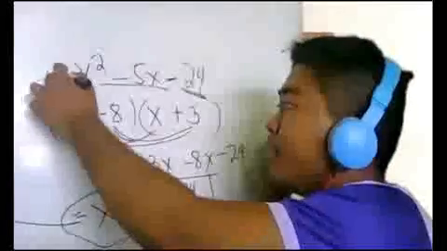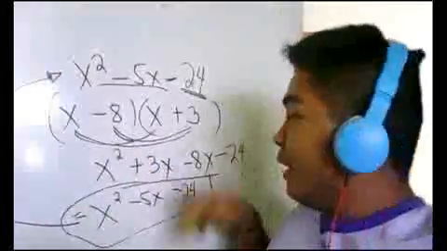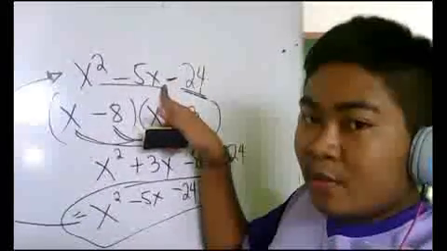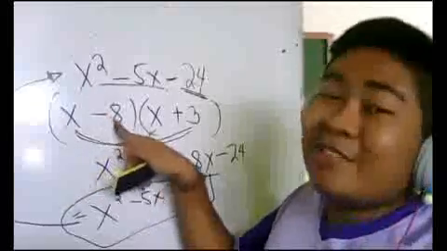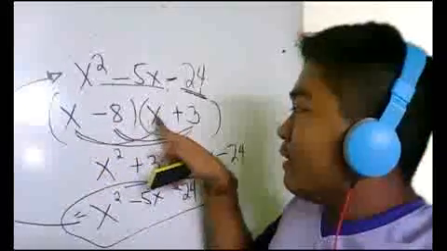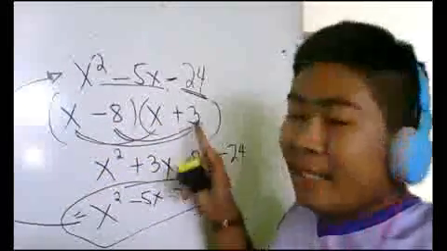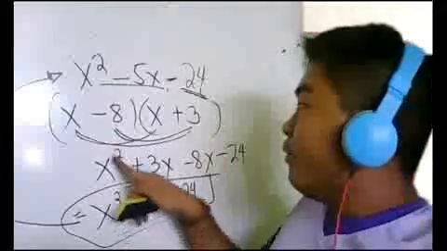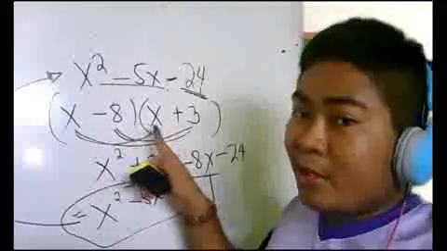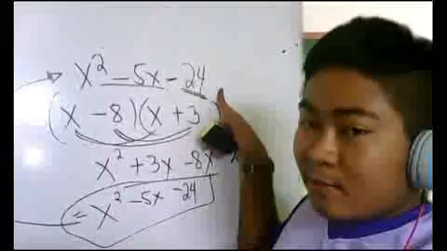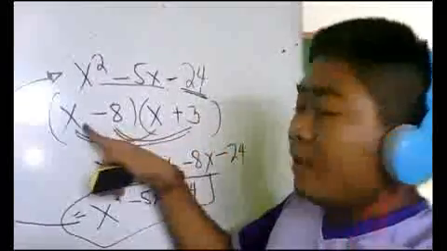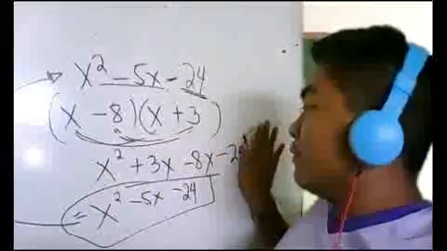So if we are correct, it must be the same. So therefore, our answer, x minus 8 and x plus 3, is correct. Kasi if you do the FOIL method or the butterfly method, it will give us the given. Therefore, this is our answer na.